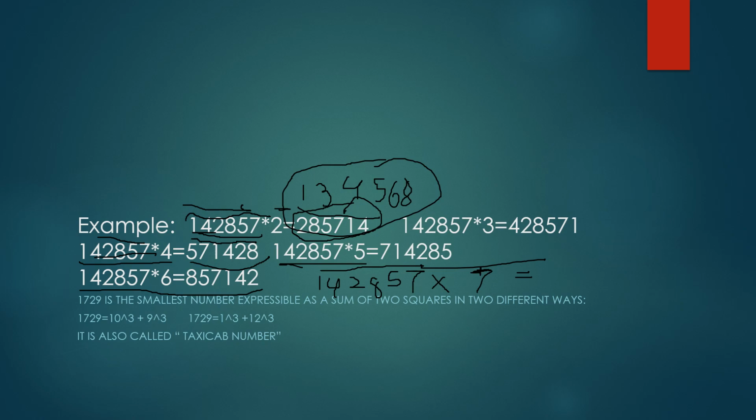If I multiply 142857 by 7, I get 999999.